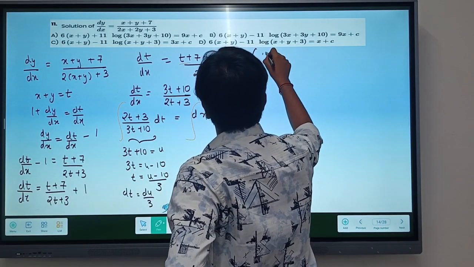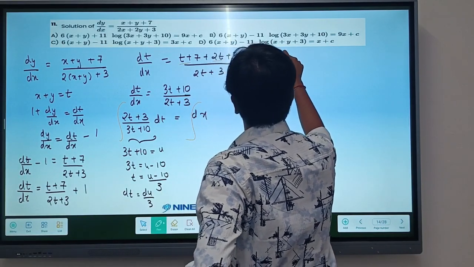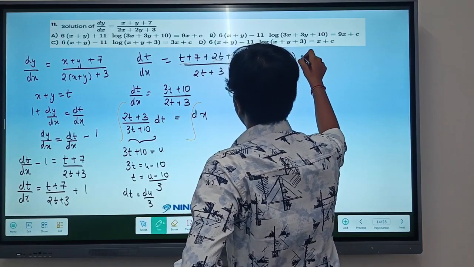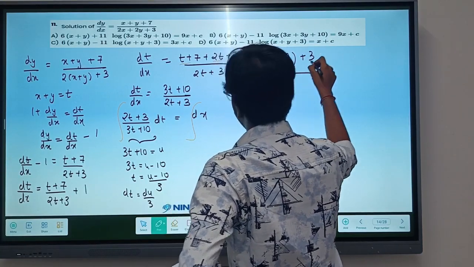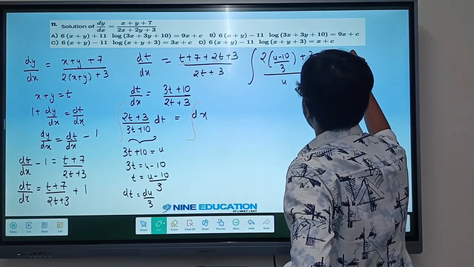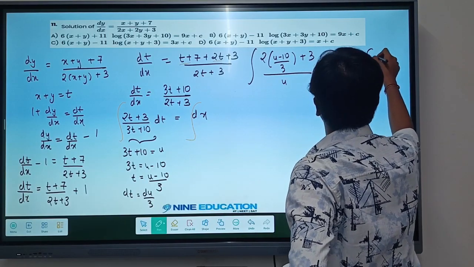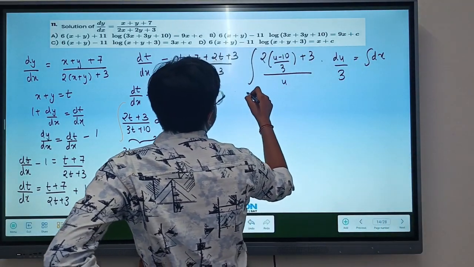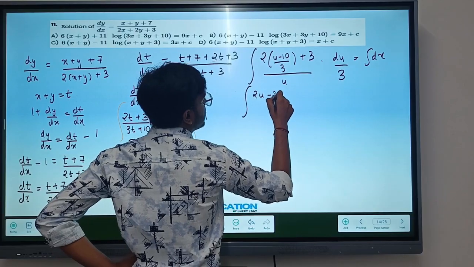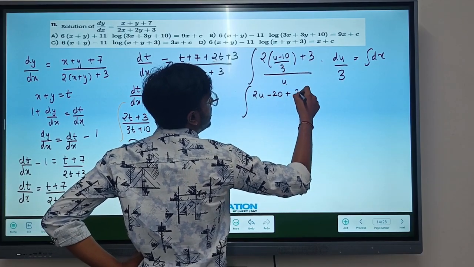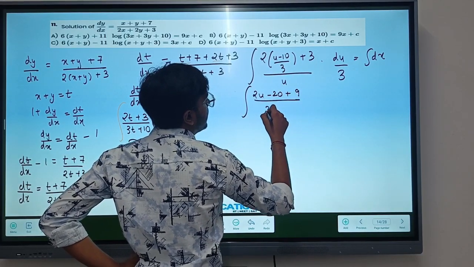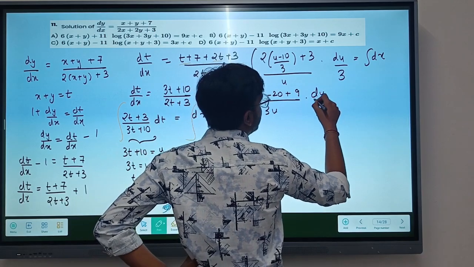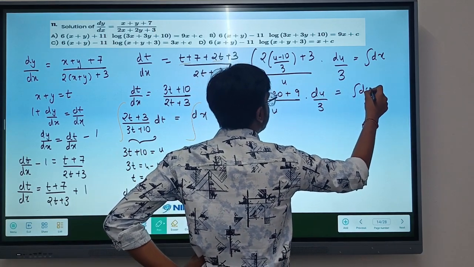So integration 2 times. What is t? T is u minus 10 by 3 plus 3 divided by u, and here we have du by 3 is equal to integration dx. So integration 2u minus 20 plus 9 divided by 3u multiplied by du by 3 equal to integration of dx.